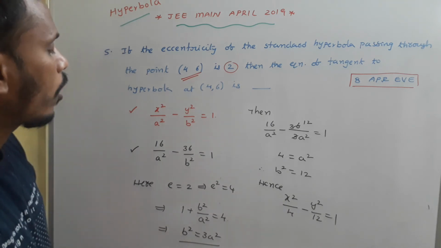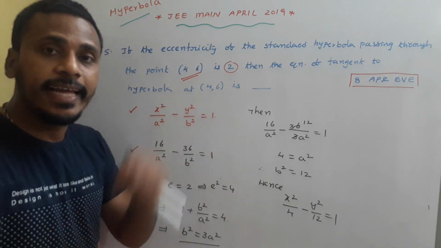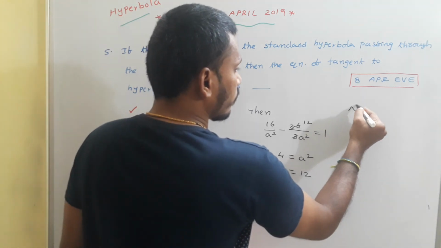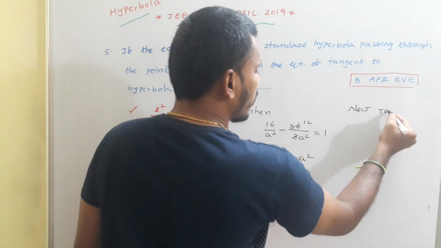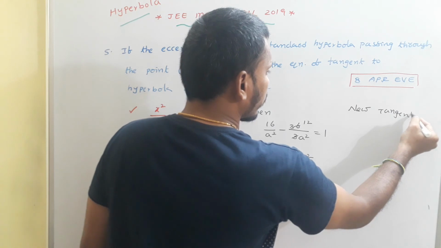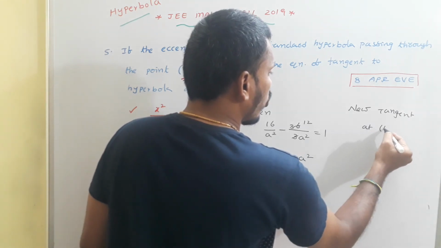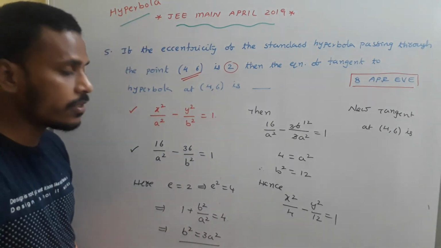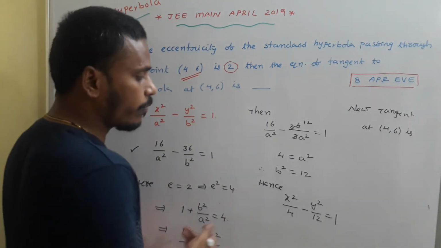Okay. After that, we need to find the tangent at (4, 6). So what is the tangent at (4, 6) for this x²/4 − y²/12 = 1?